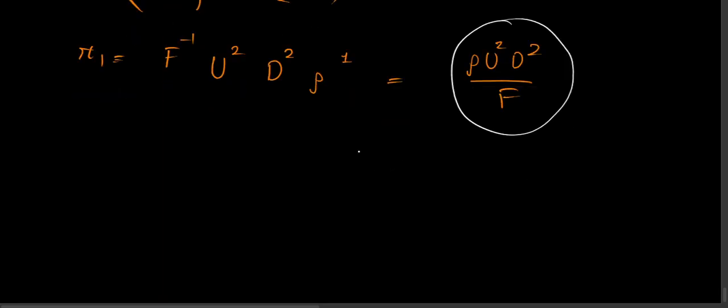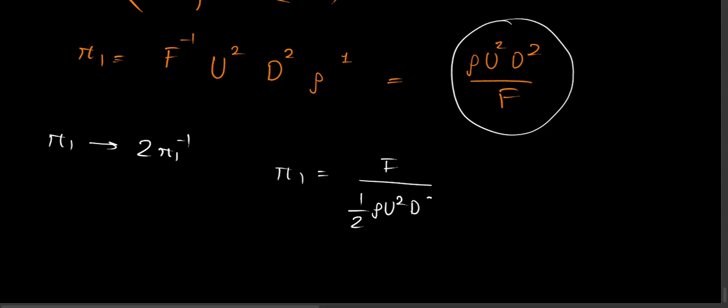By convention, I can take pi 1 as pi 1 raised to -1, which is again a dimensionless quantity, and by convention we write it as F divided by half rho U squared D squared, which is equal to CD, known as the drag coefficient.